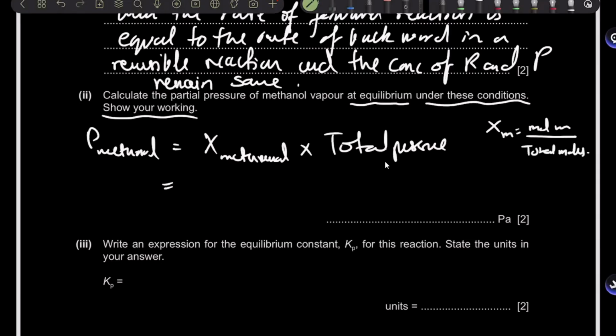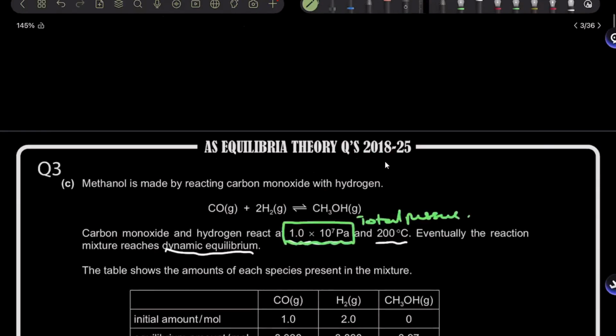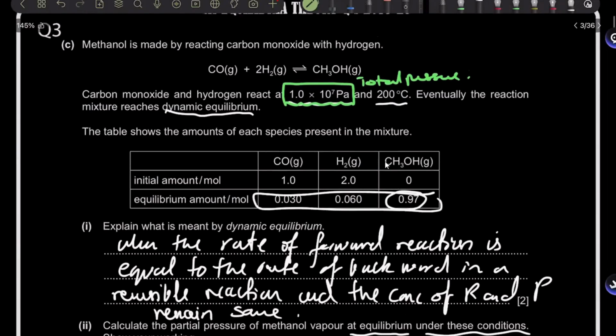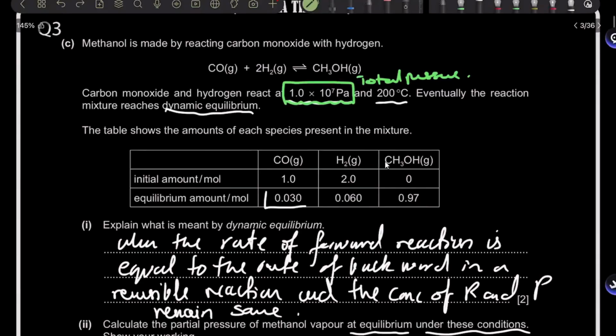Of all the substances. So in order to find the mole fraction, I'll take the moles of methanol at equilibrium. This is methanol. And I would divide them by the total moles at equilibrium. So let's first calculate the total moles at equilibrium. What are the total moles? The sigma, the sum of all these.